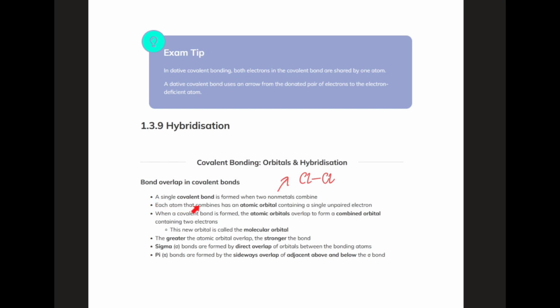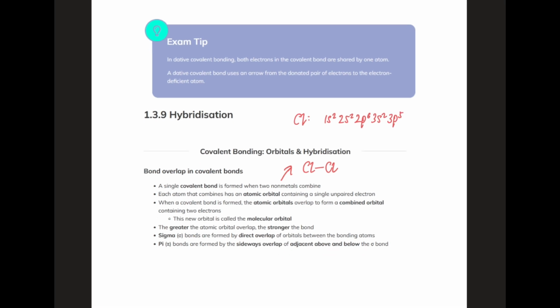So each atom that combines has an atomic orbital containing a single unpaired electron. Okay, let's see. Chlorine: 1s2, 2s2, 2p6, 3s2, 3p5. So the orbitals in front are all fully occupied except the last one.